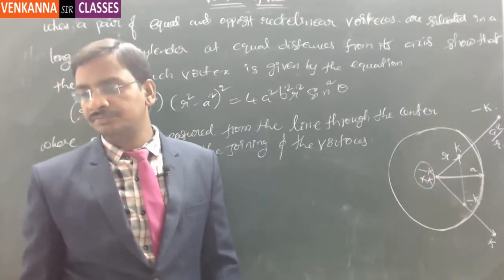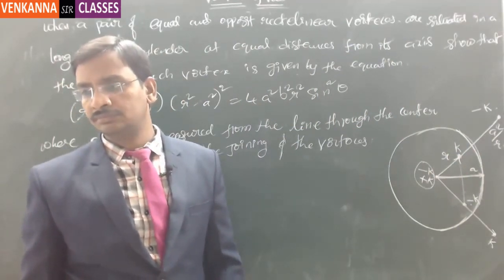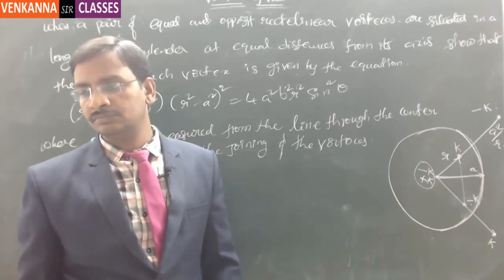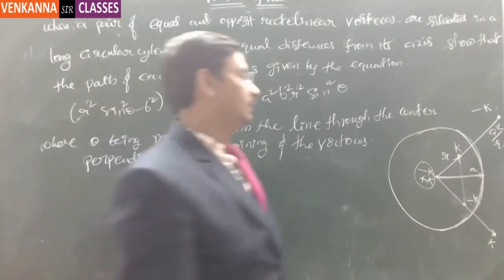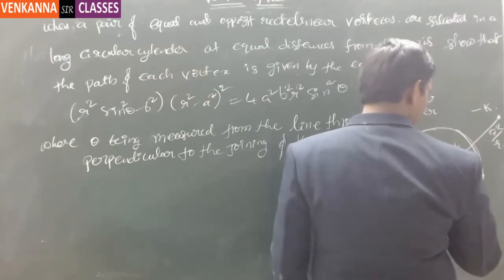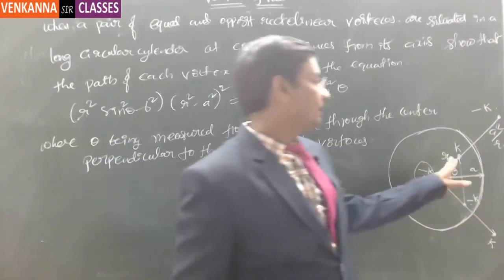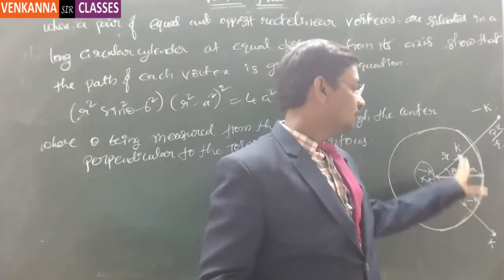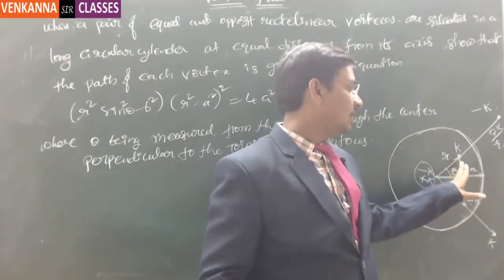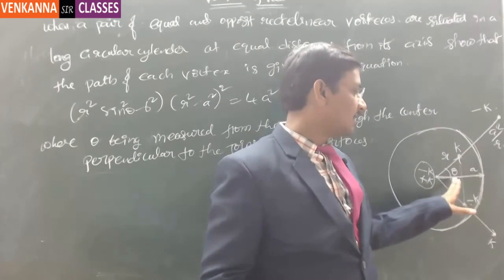Got it or not? Understood? Here what he said was, this is an angle theta, where theta is described such that it is the perpendicular to the line joining these two vortices. You have to draw a line like this, exactly in the middle.